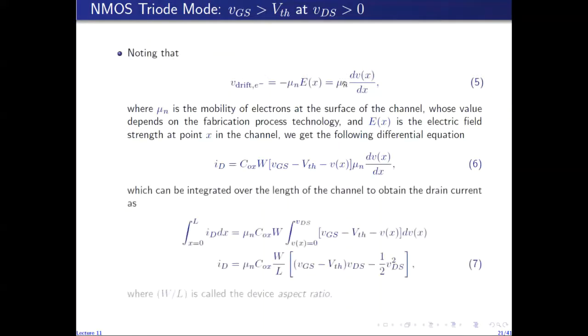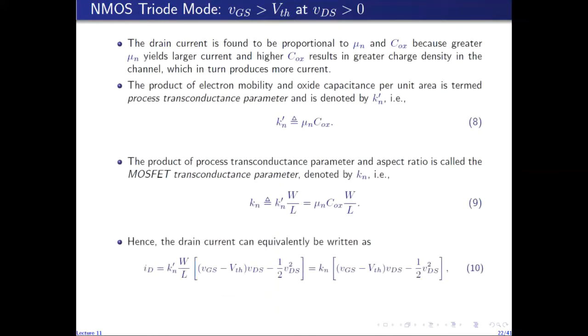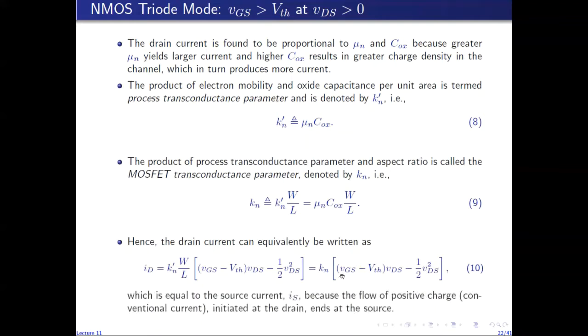So this notion is encapsulated quantitatively in the expression for the drain current by this term. So together, these two terms determine the value of the drain current through the conductive channel from drain towards the source.